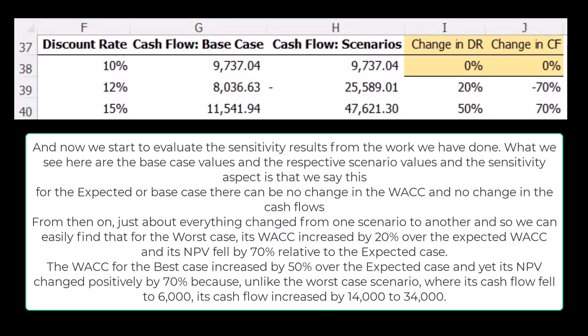The WACC for the best case decreased by 20% relative to the expected case, and yet its NPV changed positively by 70% because, unlike the worst case scenario, where its cash flow fell to 6,000, its cash flow increased by 14,000 to 34,000.